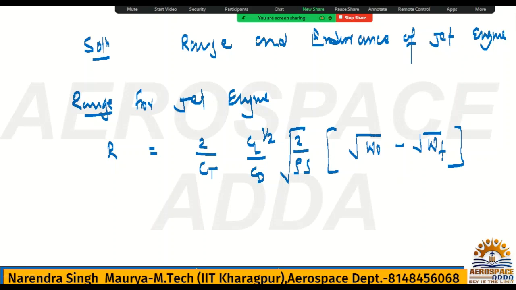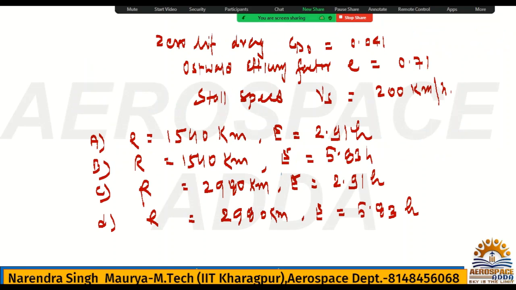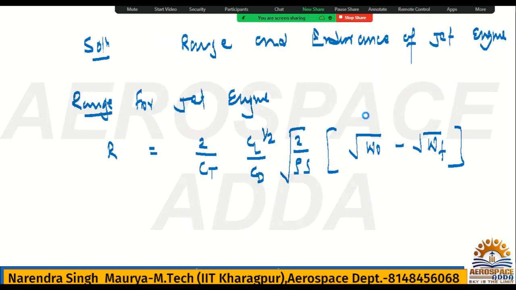We keep all the values here. Density is required, they have not given it, so you assume it: 1.22 kg per meter cubed. Keep all the data here. What about CL and CD? If they are not given, you can calculate CL and CD.